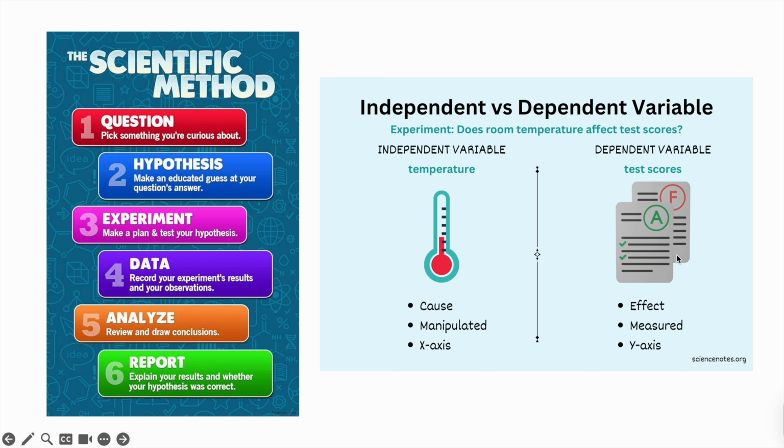Again, as I said before, you don't need to remember both. Just remember one, and then you can deduce what the other one is. If the independent variable is the one being tested, if that's the cause, then we know that the dependent variable is the effect. That's what we are measuring, okay?